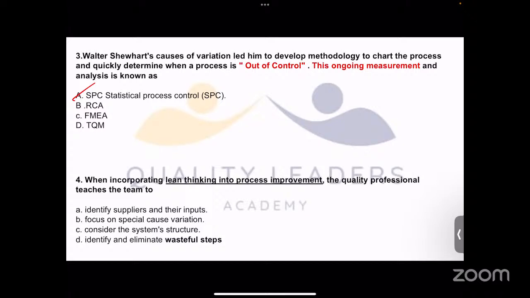Okay, number 4. When incorporating lean thinking into process improvement, the quality professional teaches the team to: A, identify suppliers and their inputs; B, focus on special cost variation; C, consider the system's structure; D, identify and eliminate wasteful steps.